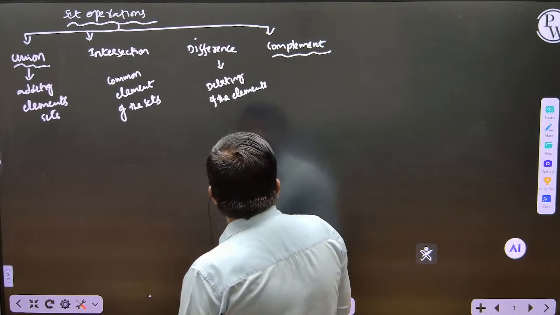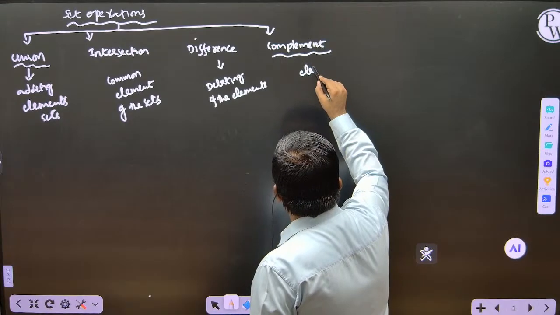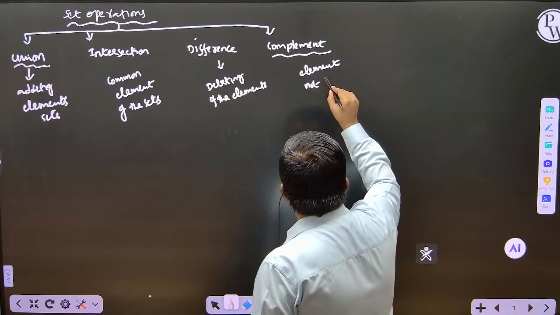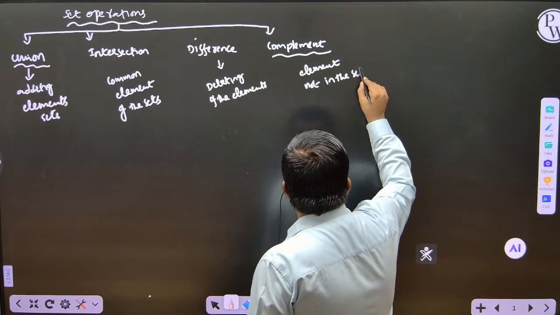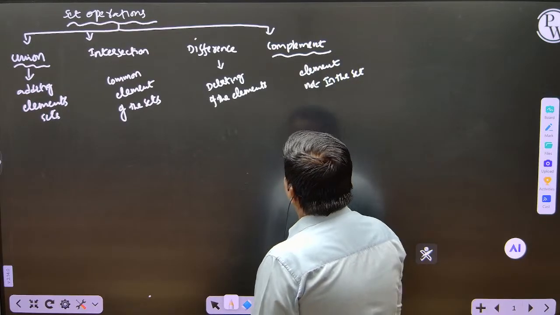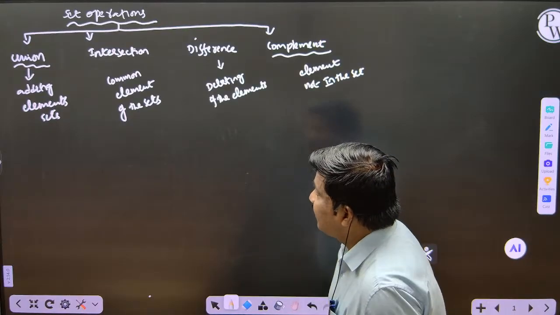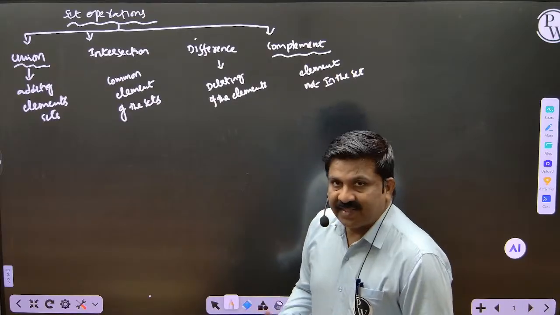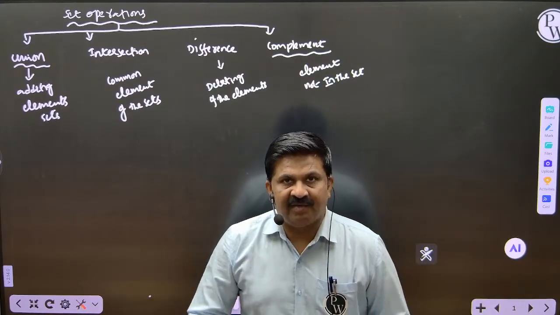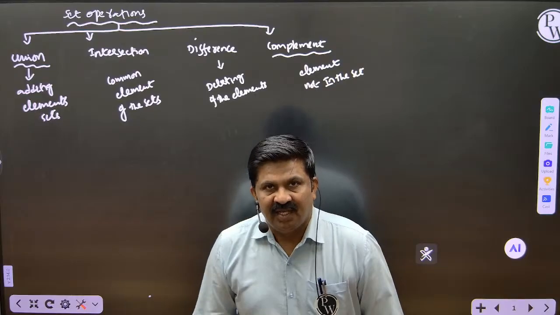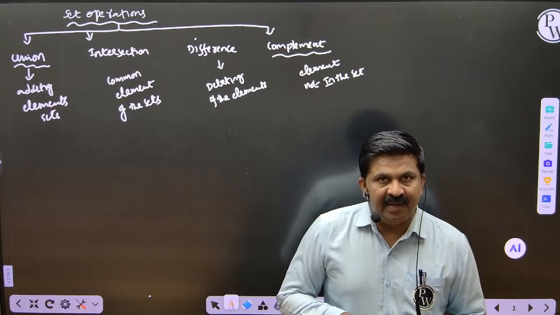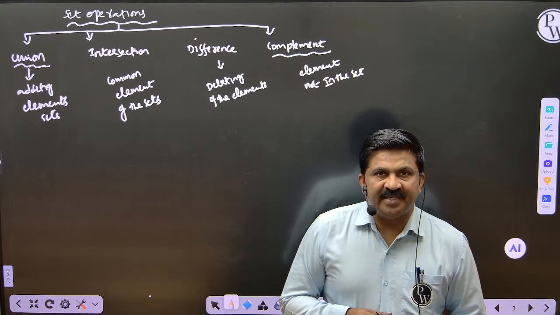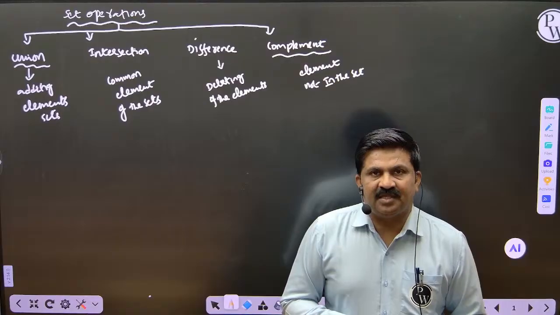The complement is elements not in that set. These are the meaning of the set operations. Union means you are going to add the elements of those sets. Intersection means we are going to take commonality of the sets, common elements of the sets. Difference means we are going to delete the elements from the set. And complement is elements not present in that set.